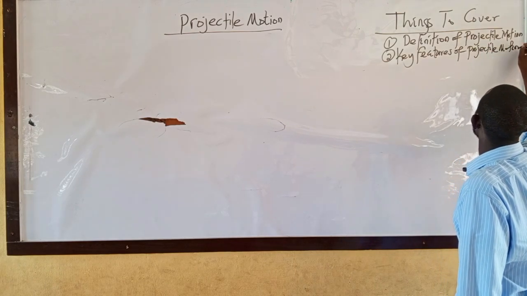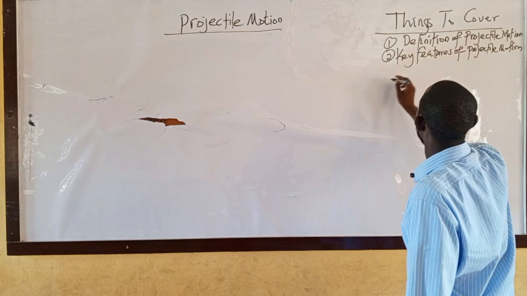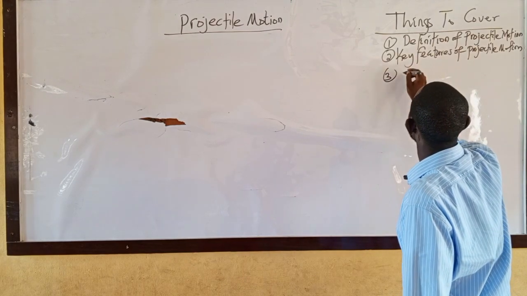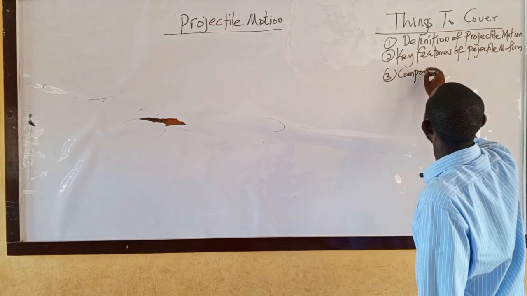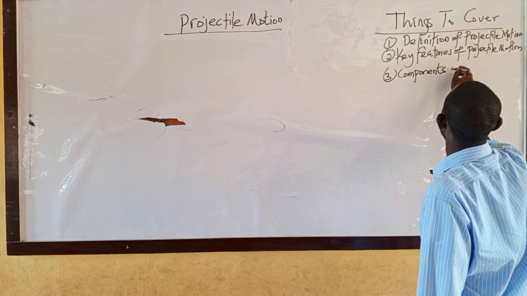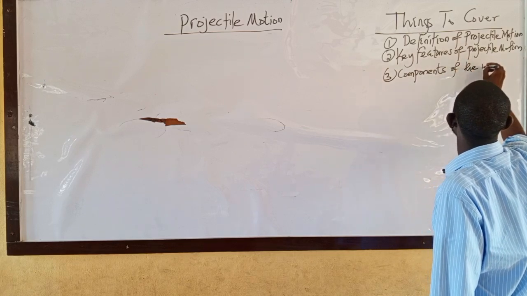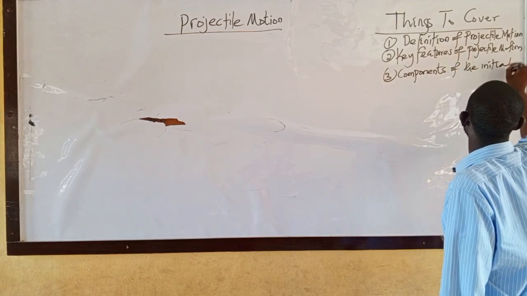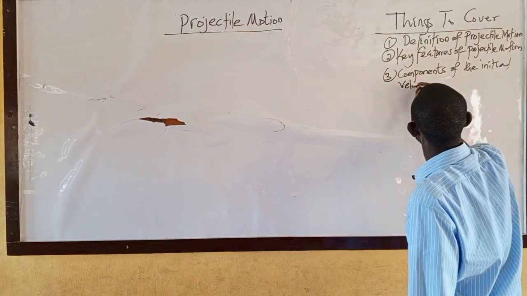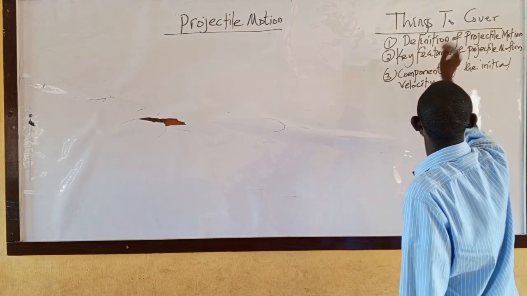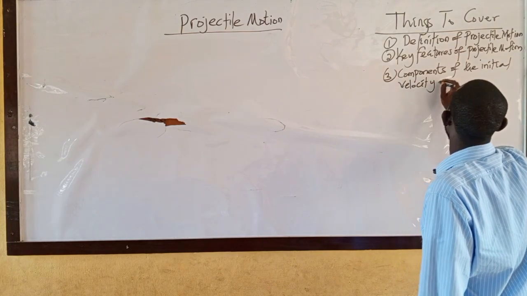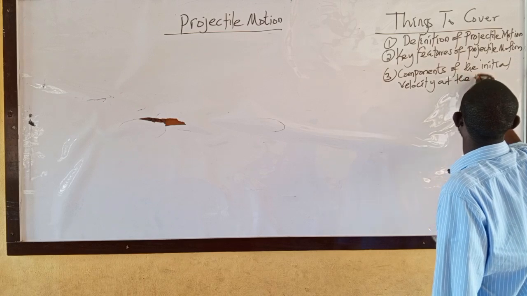Then after that, we are going to look at what we call the components of the initial velocity at the point of projection.